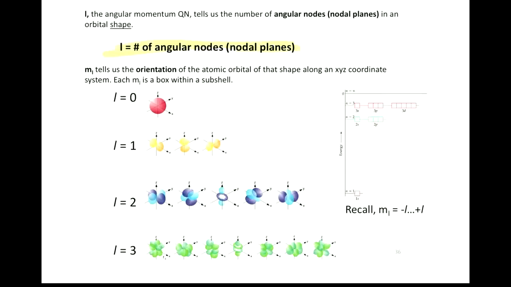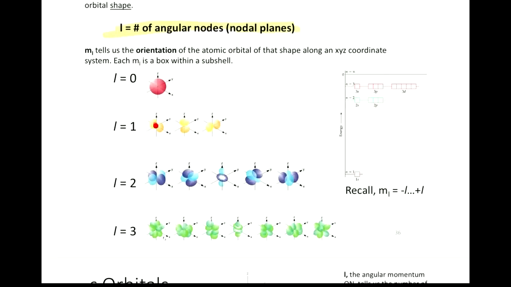That's what the numbers mean, and that's the whole balloon animal analogy that I talked about. To make an S orbital, how many times do you twist the balloon? 0. How do you make a dumbbell balloon? You have to twist it once, and that's how we get the shapes. That's where the numbers come from. So the number of angular nodes for a specific orbital shape is just the L quantum number, all right?